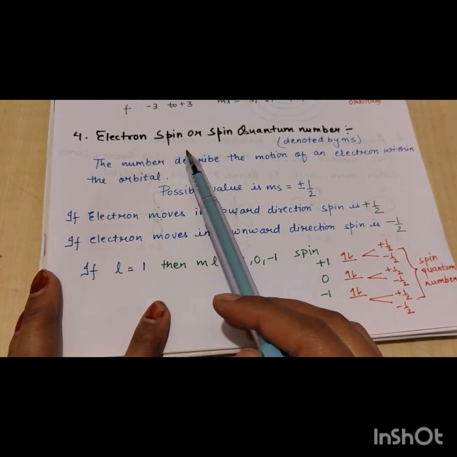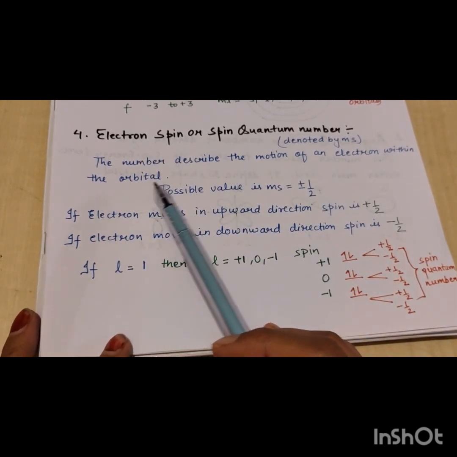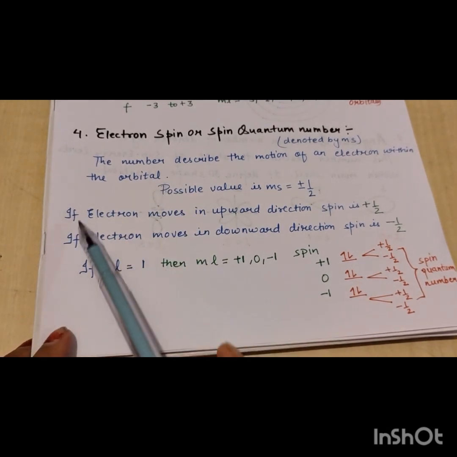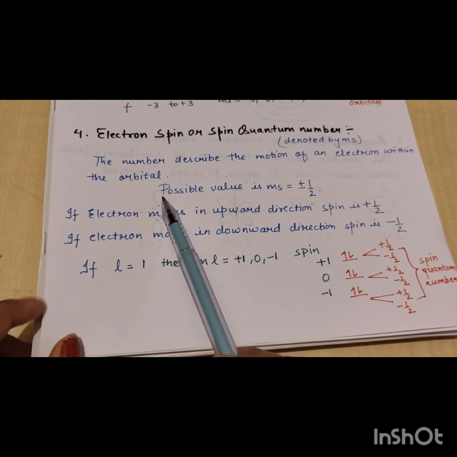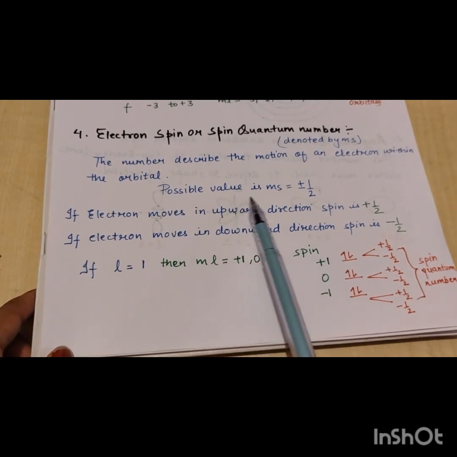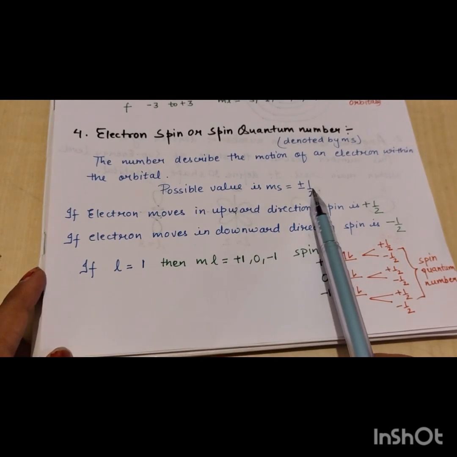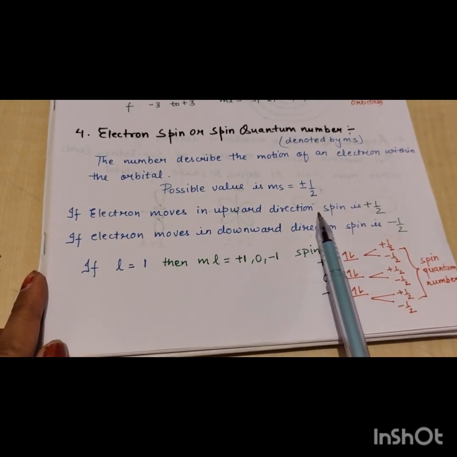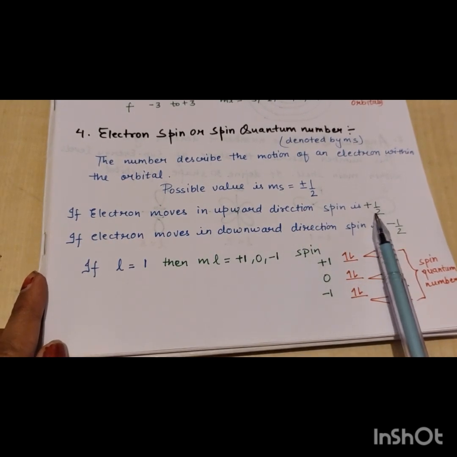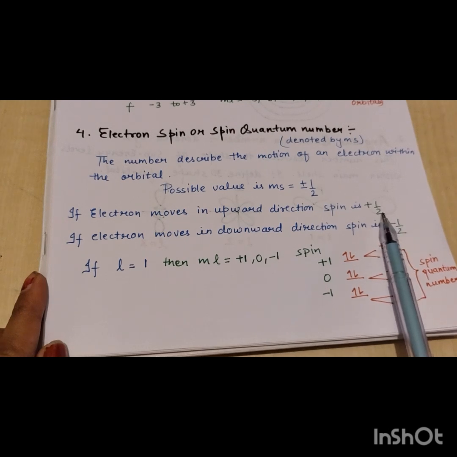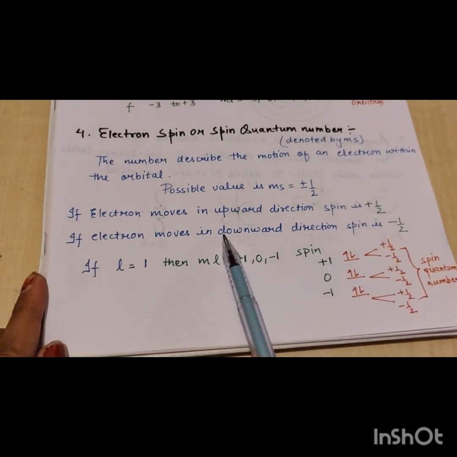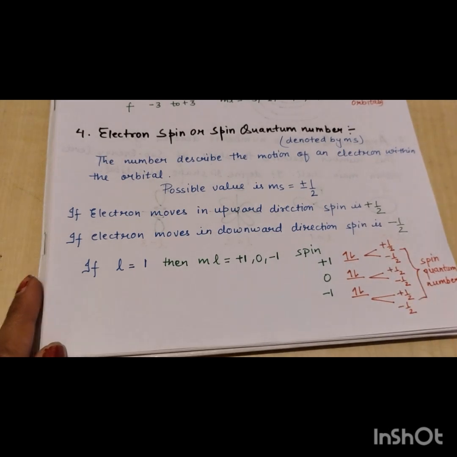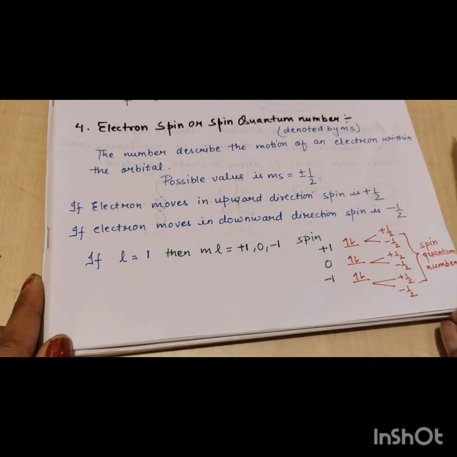The possible value of the spin quantum number ms is ± half. If the electron moves in the upward direction, spin is +half. If the electron moves in the downward direction, spin is -half.